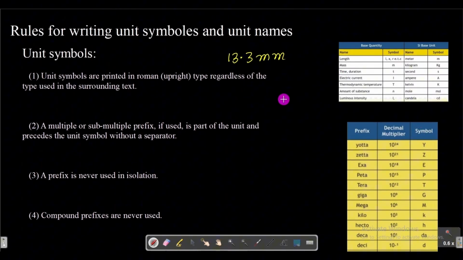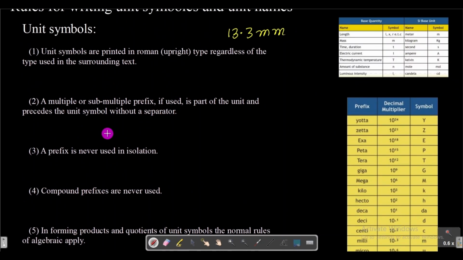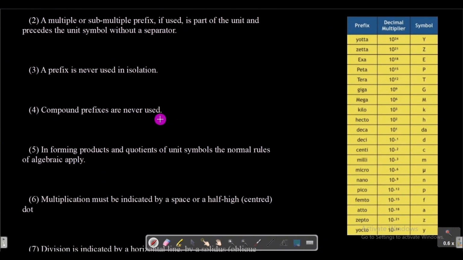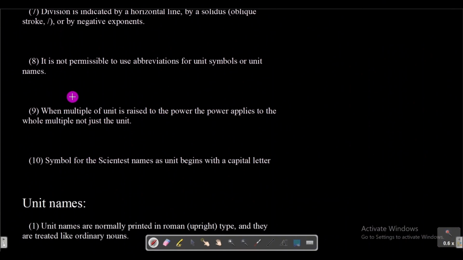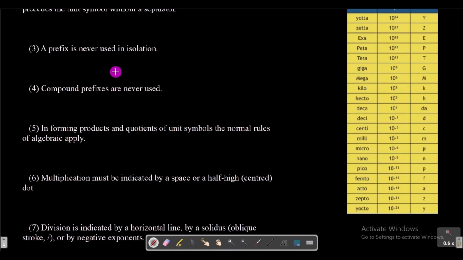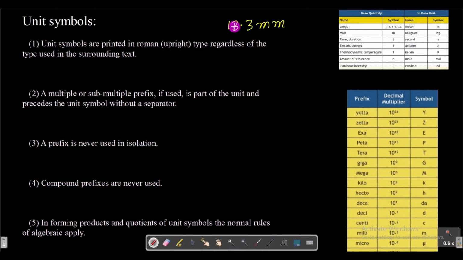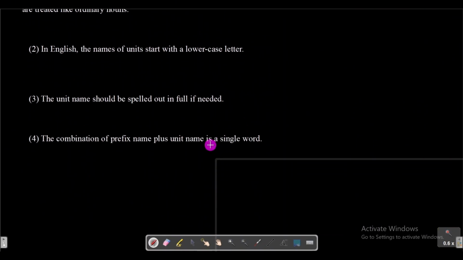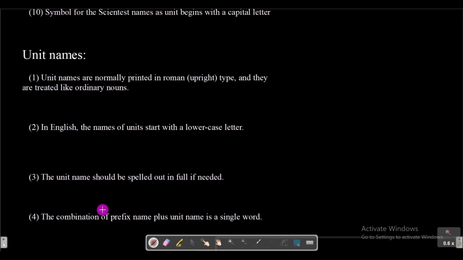So, in order to avoid this confusion of the unit symbols with the prefixes, we have these rules. For the unit symbols, we have about 10 rules. If you master these rules, then there will be no confusion related to the unit symbols. Similarly, for the unit names, we have four rules.